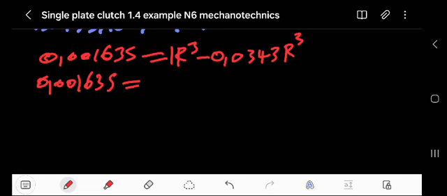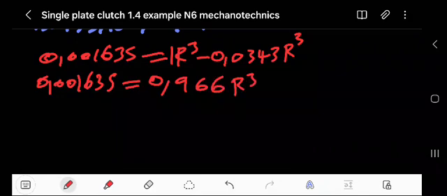Then this is 0.967, or no, 0.966 if I round that, times R cubed.